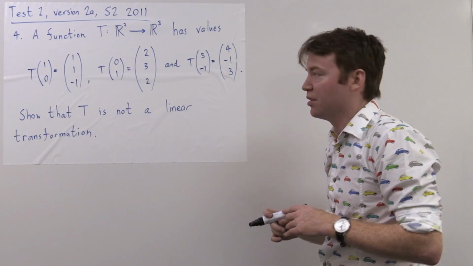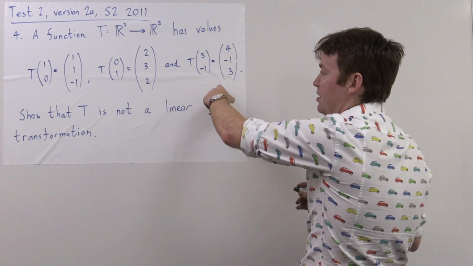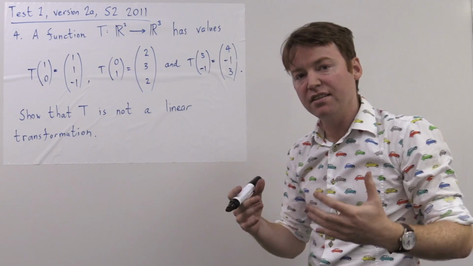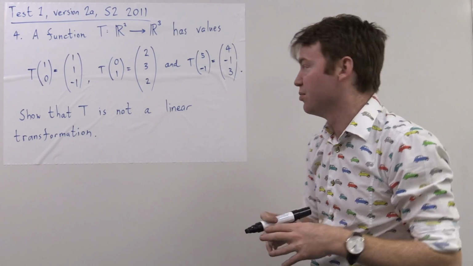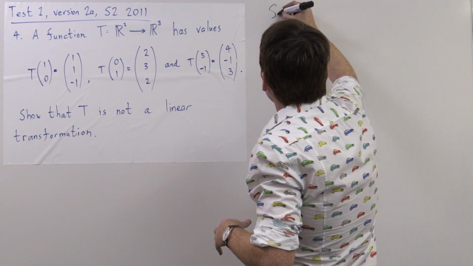Okay, so the first thing you're going to have to do with these questions is express one of these things as a linear combination of the others, and in this case it's particularly easy to do that.